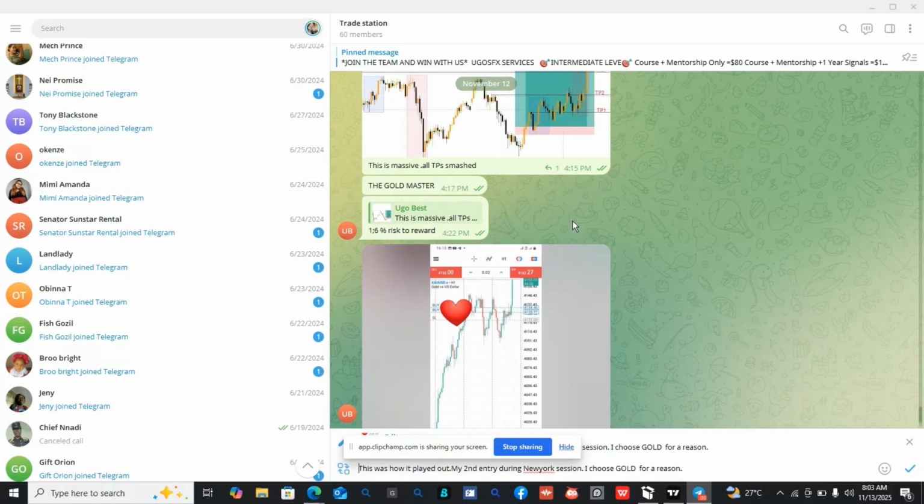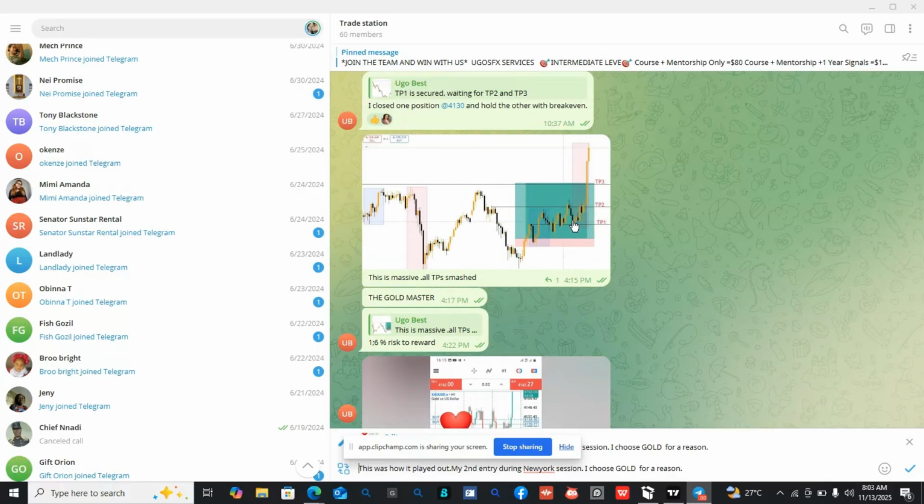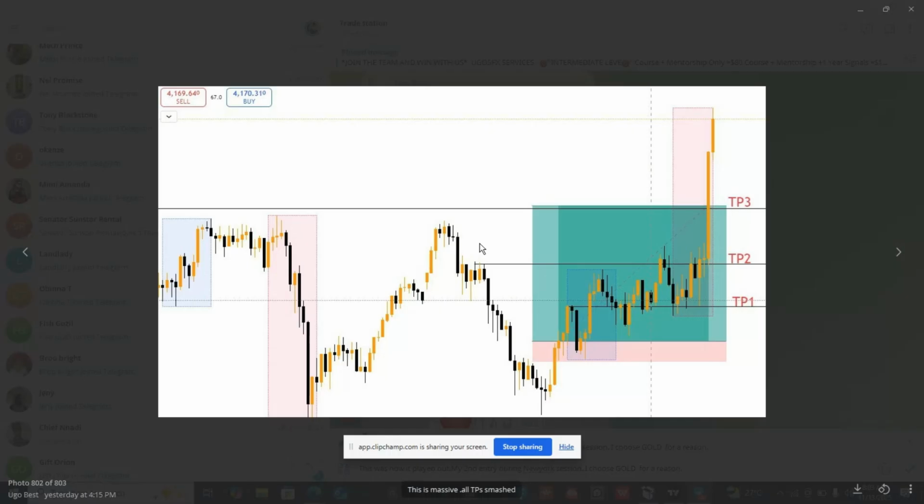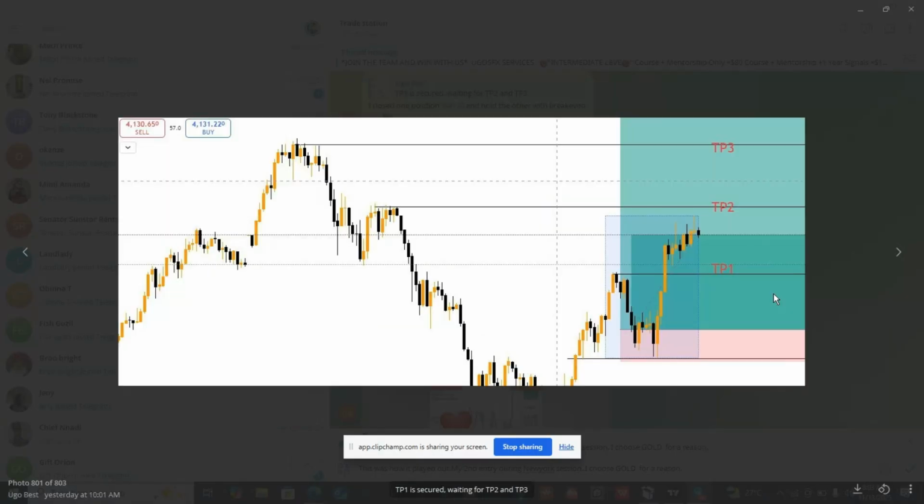See the pictorial view here, when it can smash all the take profit. And here you can see price was still moving up gradually.